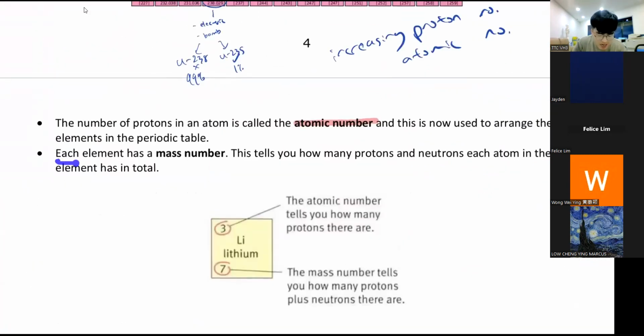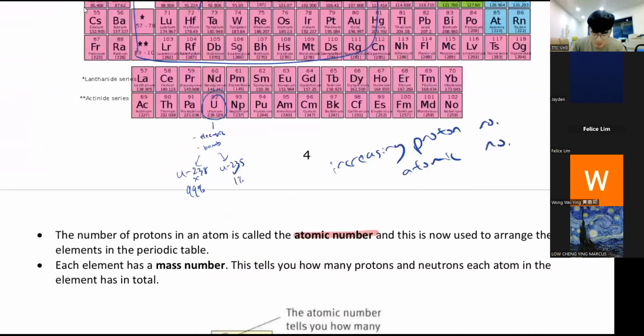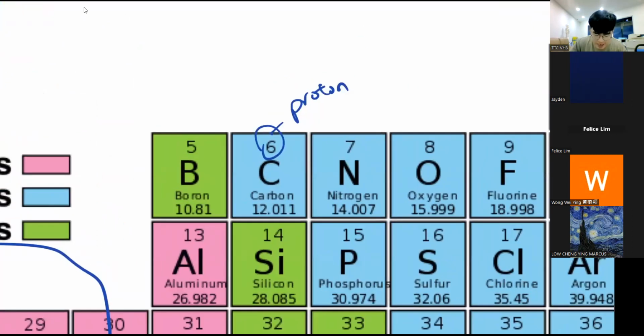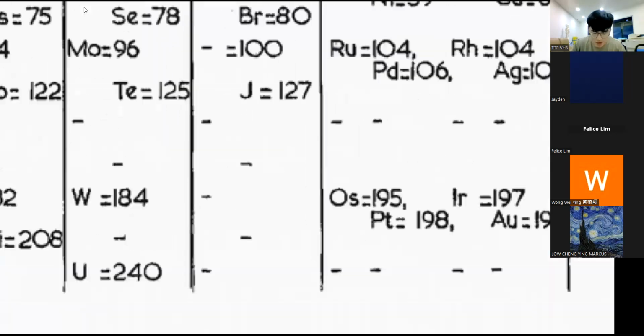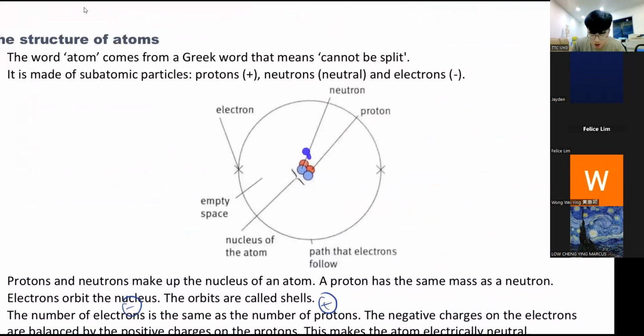Each element has a mass number. This tells you how many protons and neutrons each atom in the element has in total. That means carbon has 6 protons and 12 protons plus neutrons. This is the total number in the nucleus. Remember, nucleus is proton plus neutron.